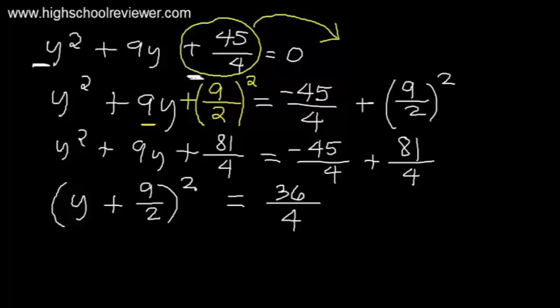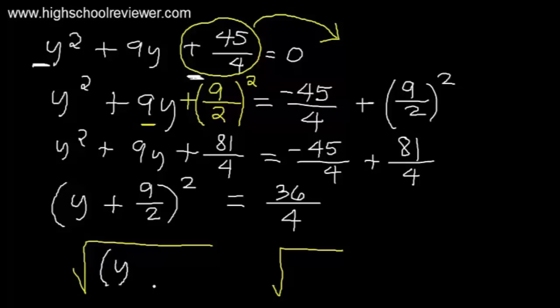Now to remove the square sign here, we need to get the square root of both sides of the equation. So on the left side we will have the square root of the quantity y plus 9 over 2 raised to the power of 2. And we will have here the square root of 36 all over 4.